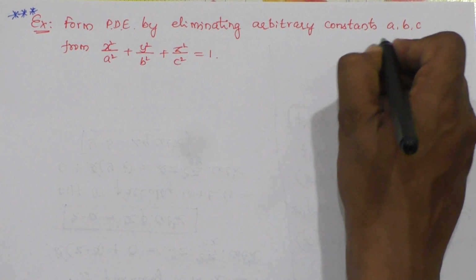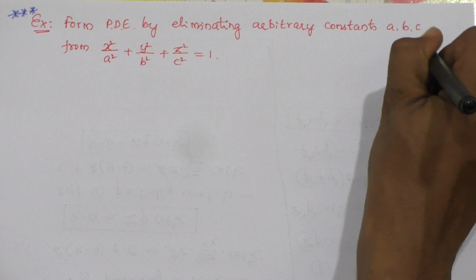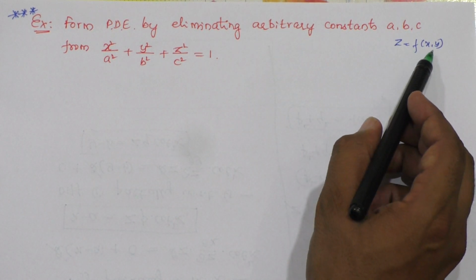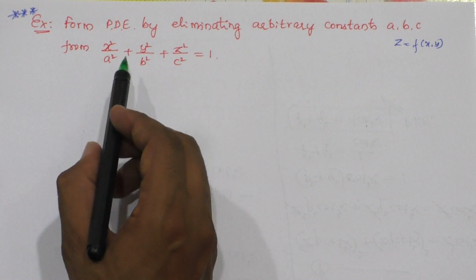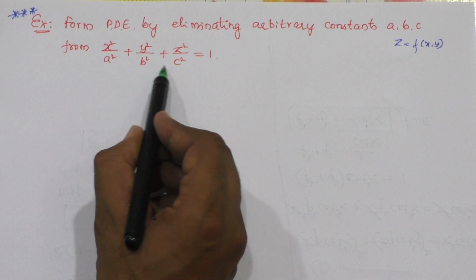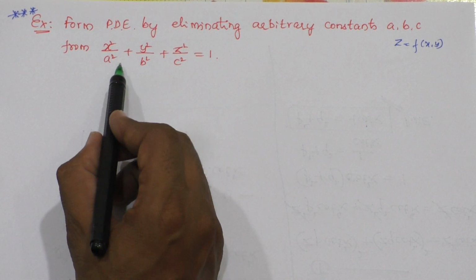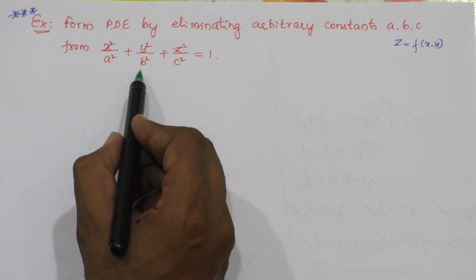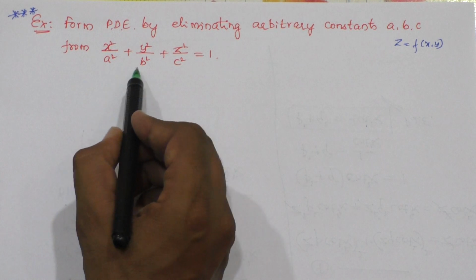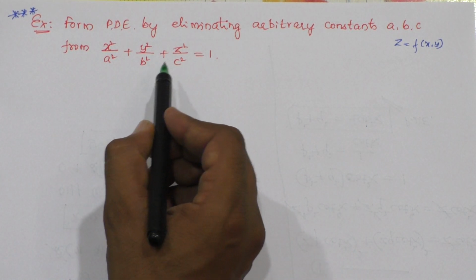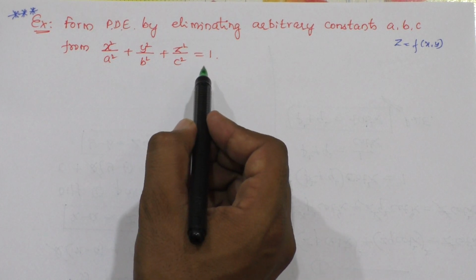Here z is a function of x and y, dependent on two variables, and the number of constants is three: a, b, c. If only 2 constants are there, the first order derivative is enough to eliminate a and b. But with 3 constants, you need to go for second order partial differentiation.